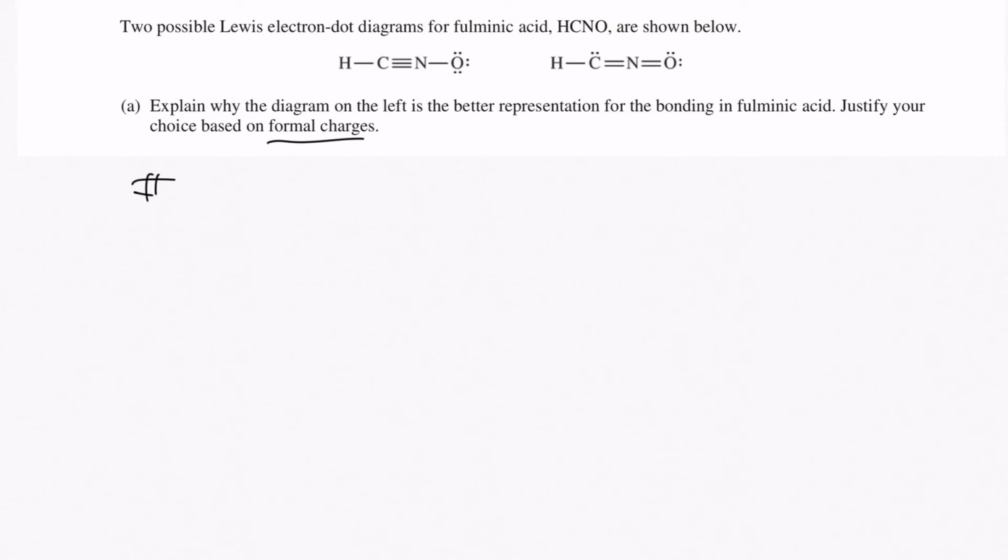The number of valence electrons minus 1/2 shared electrons minus the lone electrons. For H, the valence electron is 1, for C is 4, for N is 5, and for O is 6.